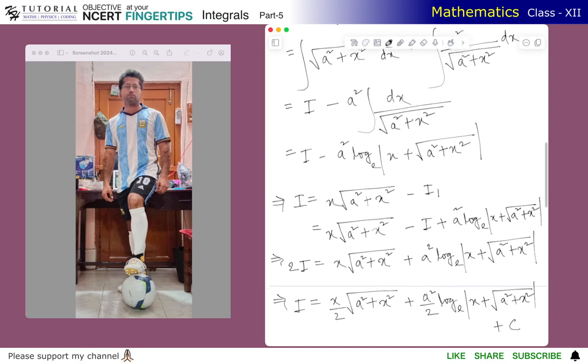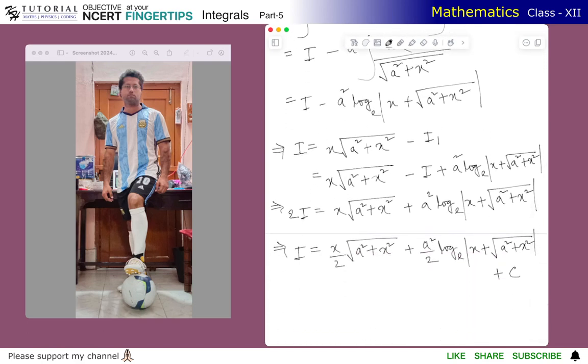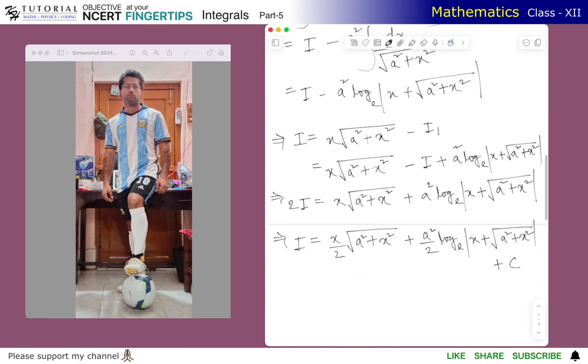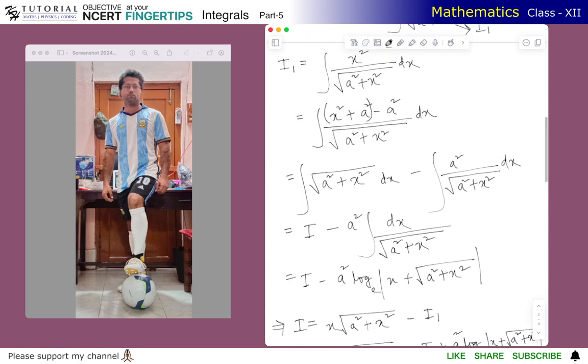So this is how you can solve the integral root over a square plus x square using integration by parts. In case you forget the standard results, if you remember the standard result, then it's fine, no problem. But in case you forget the standard results, you can always solve it using integration by parts.